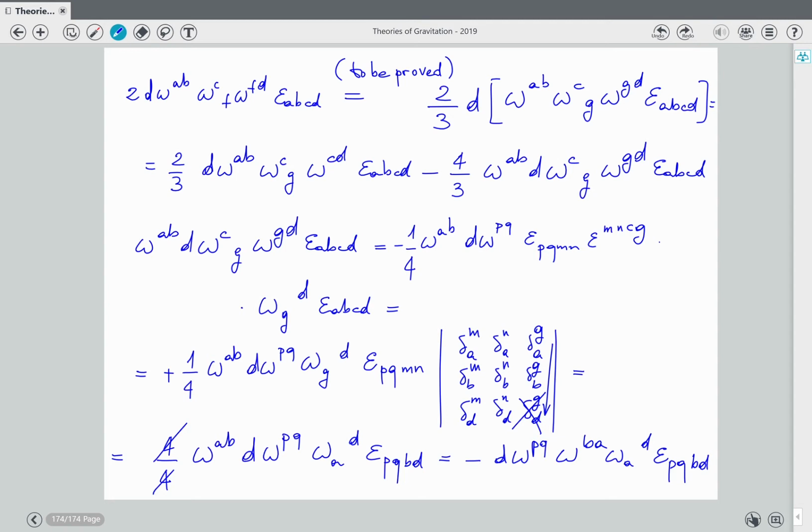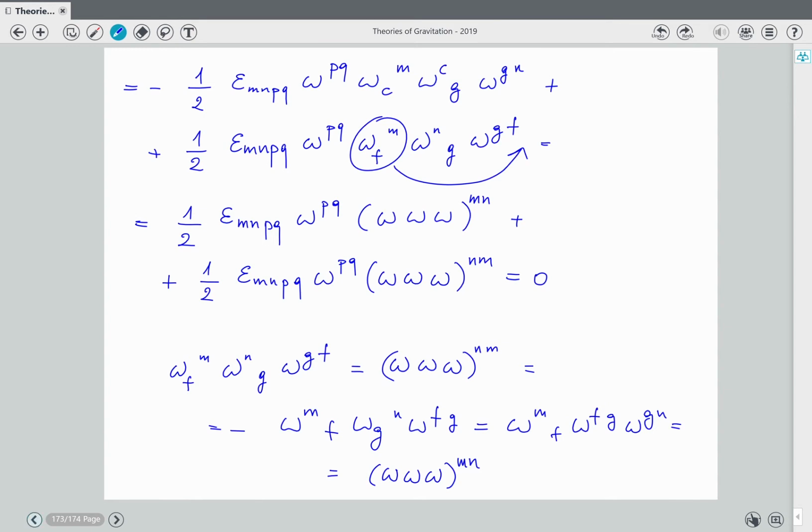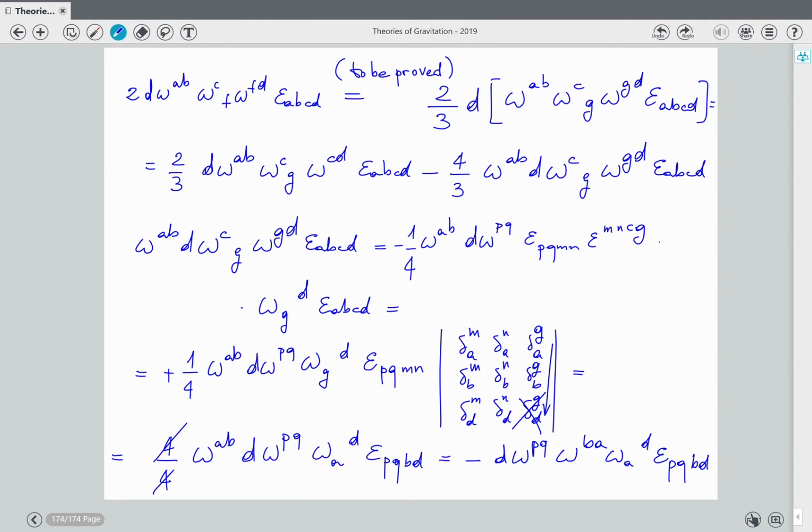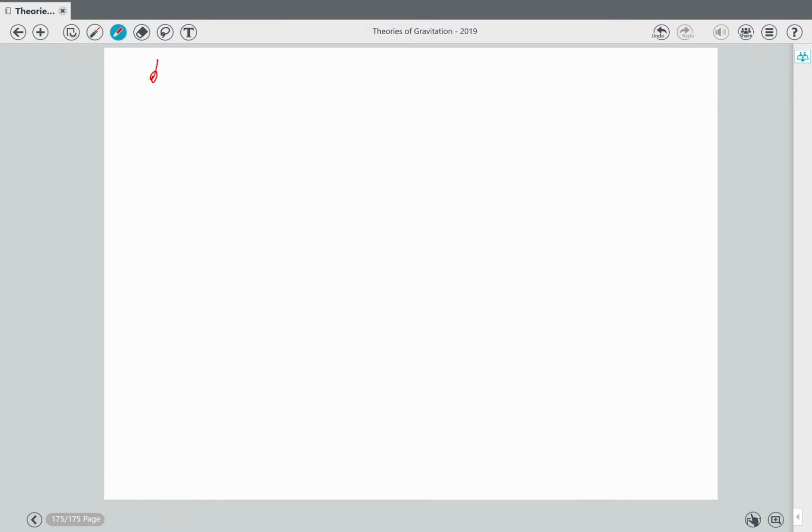Now, what is the use of this Chern-Simons form? The Chern-Simons form can be used in 3 dimensions, actually. Because if you consider the integral on the manifold of M, this is an invariant.